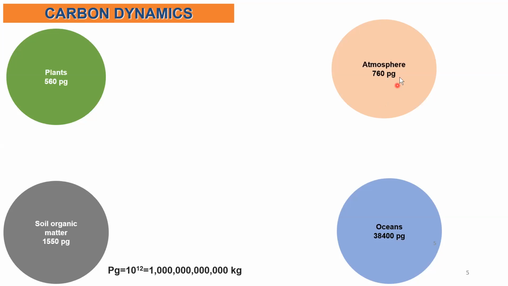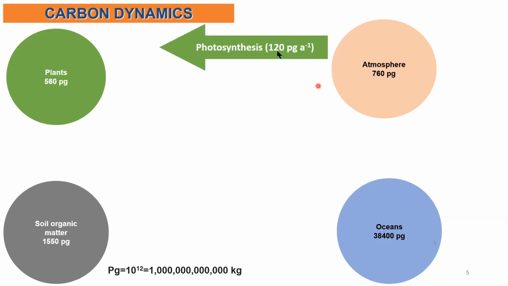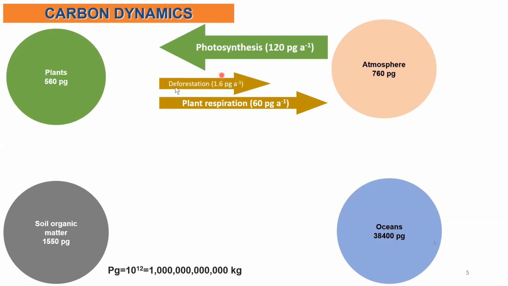So we have the atmosphere and GPP, as we have mentioned: 120 petagrams per annum of carbon dioxide is used in photosynthesis, and 60 petagrams is reversed to the atmosphere through plant respiration. And the deforestation that we are doing also decreases 1.6 petagrams per annum.